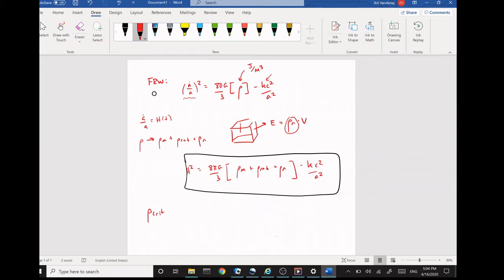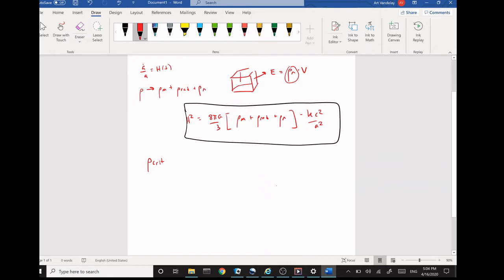So rho critical will tell you what the curvature of the universe is and when it changes. It changes at this exact value of density. And rho crit is equal to 8 pi G over 3. Whoops, this is the opposite. This is 3H squared over 8 pi G, like that.